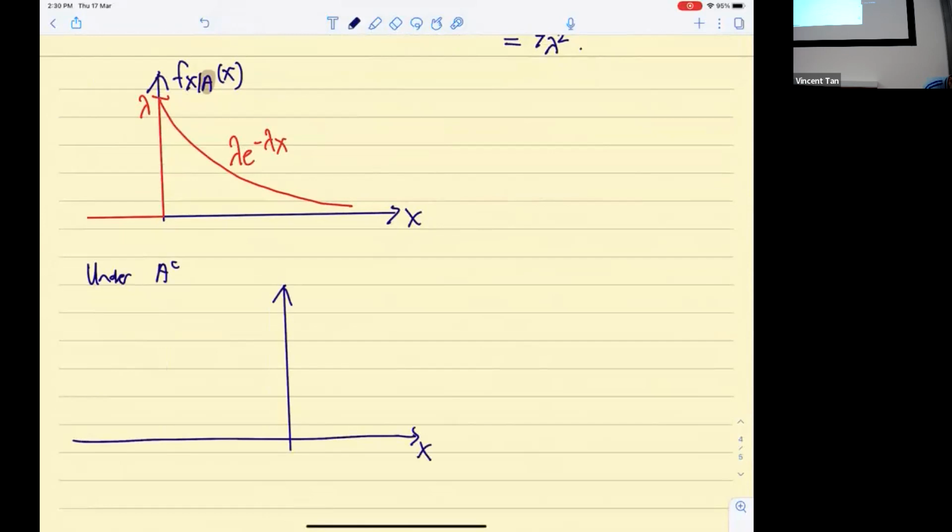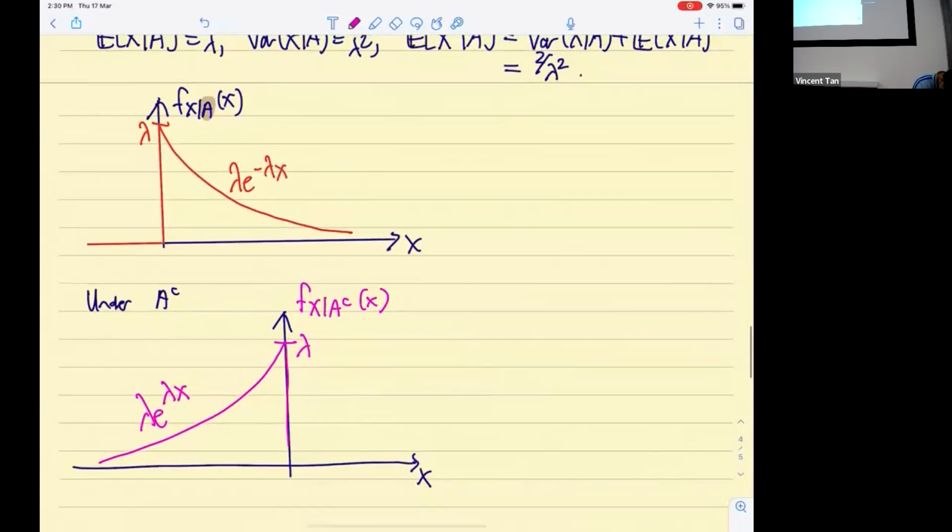It's exactly an exponential random variable with parameter lambda, but over on this side, so it's lambda e to the lambda x instead of minus lambda x. That is f of x given A complement, because I'm conditioning on the left-hand side now. A complement means the event that x is on the left-hand side.